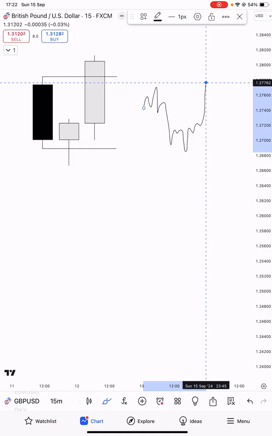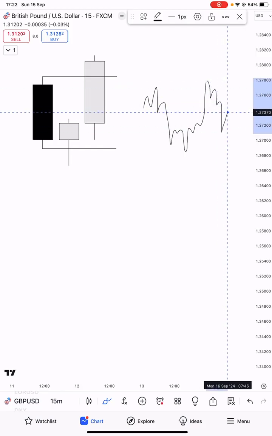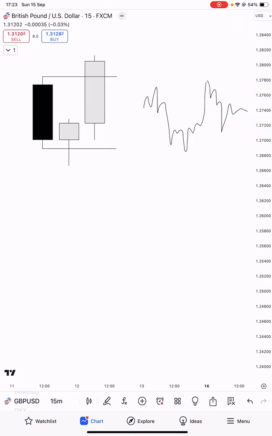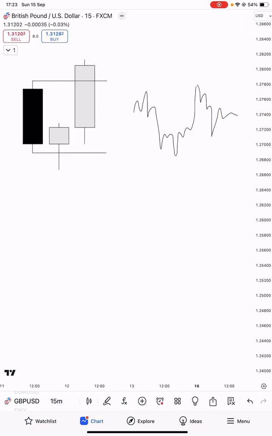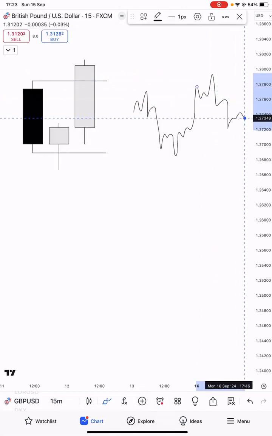So maybe after taking out Monday high, price will reverse for Tuesday, and then Wednesday, Friday, small range day. But the model is the same. So Tuesday, or Wednesday, ideally Tuesday. So ideally Wednesday reaches Monday high, and usually Tuesday is a higher time frame PDRA and the reverse.